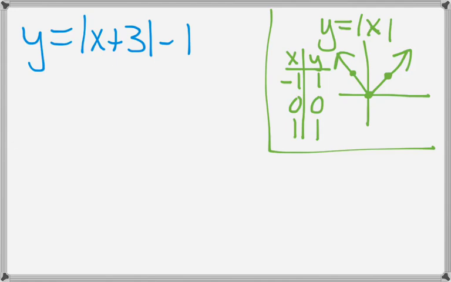And so now we're seeing addition and subtraction again. X has been replaced with x plus 3 inside the absolute value. So that's going to be a horizontal shift. It's going to go to the left 3 units.